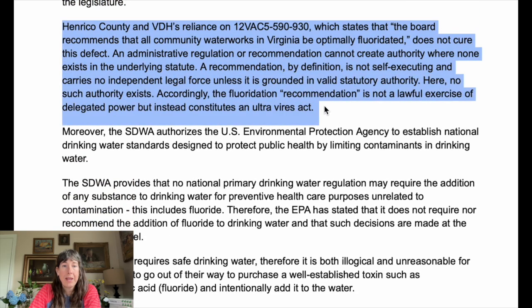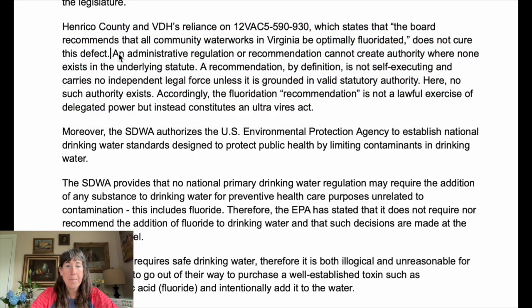Henrico County and VDH's reliance on 12 VAC 5-590, which states that the board recommends that all community waterworks in Virginia be optimally fluoridated, does not cure this defect. An administrative regulation or recommendation cannot create authority where none exists in the underlying statute.